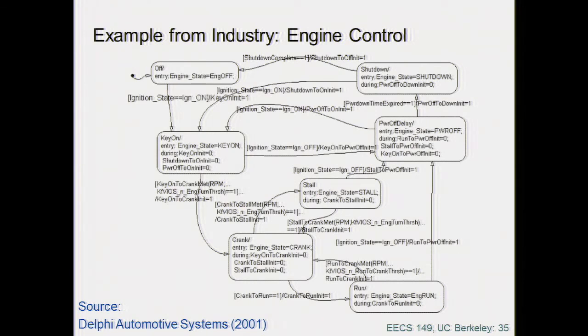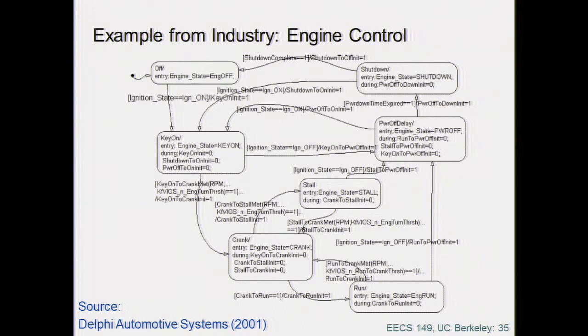Now this one is real. This is actually a finite state machine that represents an engine controller. Everything you see on the nodes is the description of what the state is, and the arcs are labeled with the guards and all of that: what happens if you take this action or the other action.